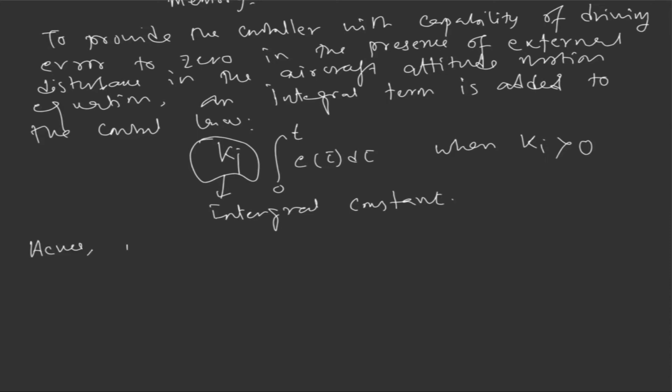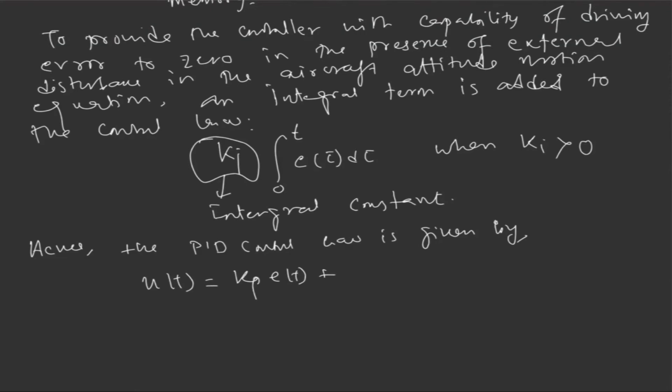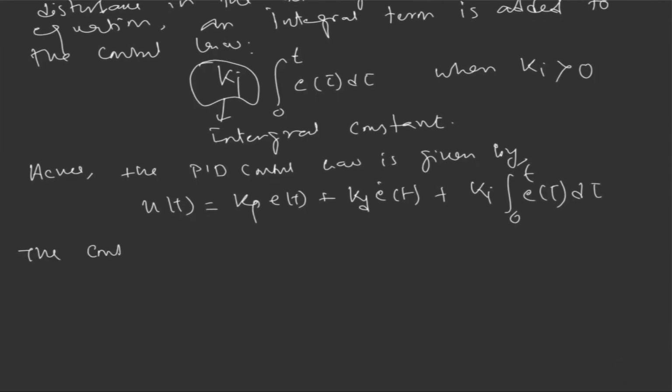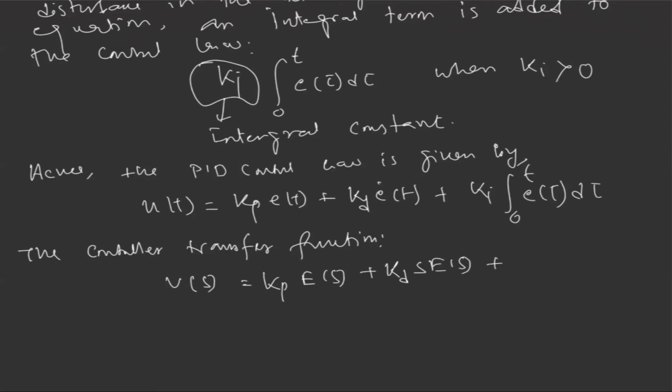Hence, the PID control law is given by U of t equal to Kp E of t plus Kd E dot of t plus Ki times the integral from 0 to t of E tau d tau. For the controller transfer function, if you take the Laplace transform, we have U of s equal to Kp E of s plus Kd s E of s plus Ki E of s divided by s.